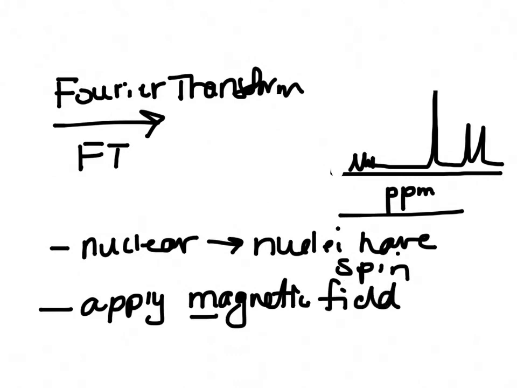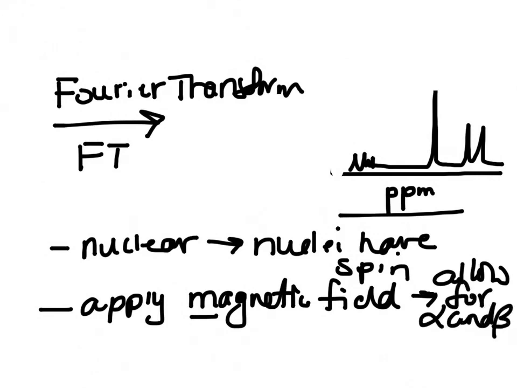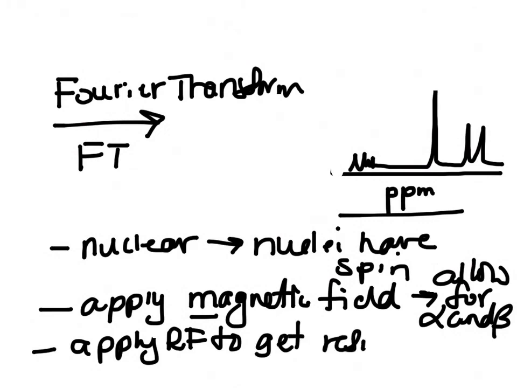Okay, that's where we get the M component, and it will allow for alpha and beta, and then we apply the RF to get resonance. So there's our NMR.